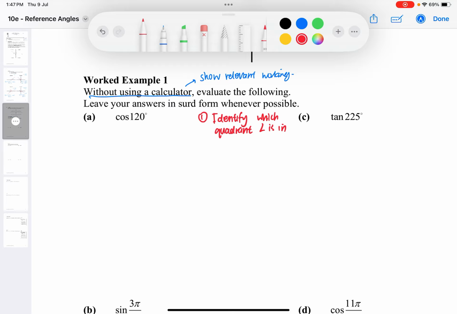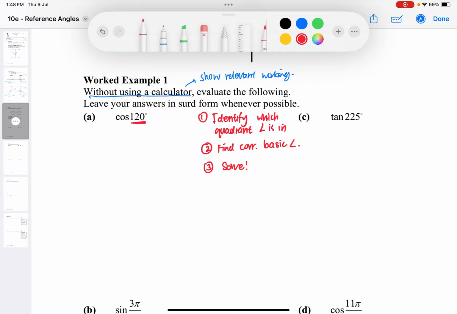Step 2, find the corresponding basic angle. Step 3, solve, or use your special angles over here. Now let's start.